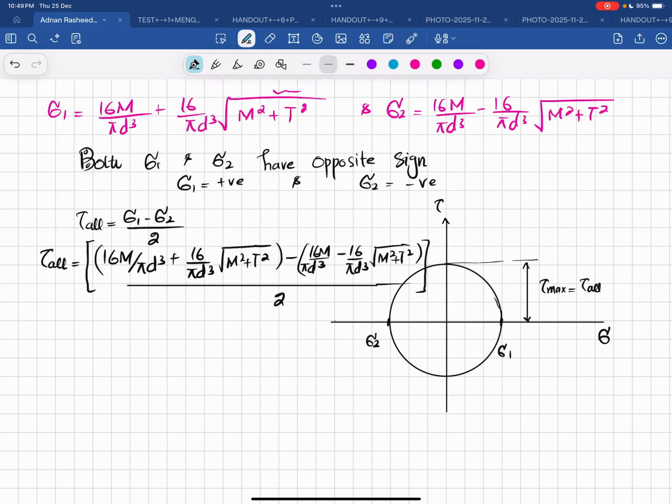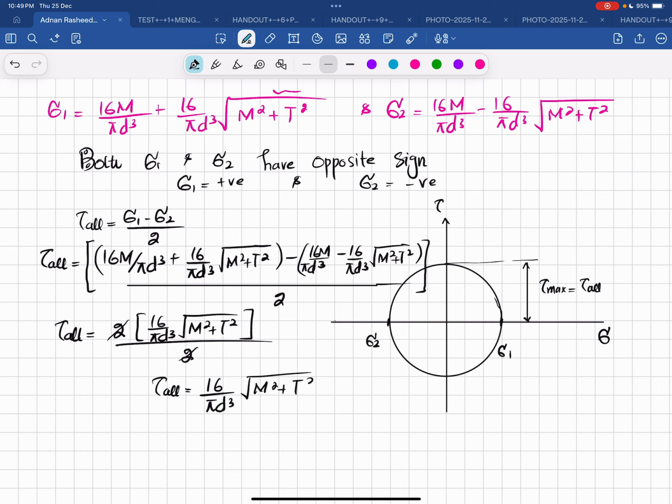So I can write that allowable shear stress will be equal to 2 times 16 over pi d cube into square root of m square plus t square divided by 2, and this 2 will cancel with this, so we have allowable shear stress as 16 over pi d cube into square root of m square plus t square, and this is the answer. We will check whether we have proved it or not.